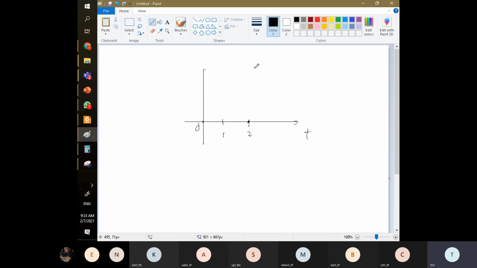Here is the past, here's the future. So the graph should be moving from left to right on the oscilloscope. Let's say at this point, after 1 second later, this point becomes here. This is 1T, 2T, 1 second, 2 seconds.